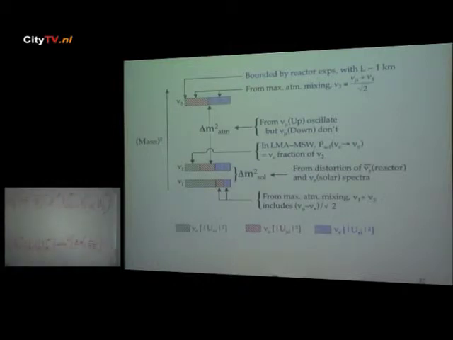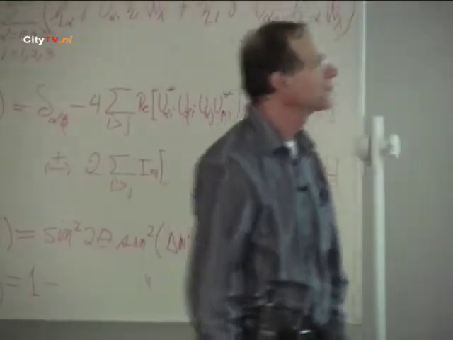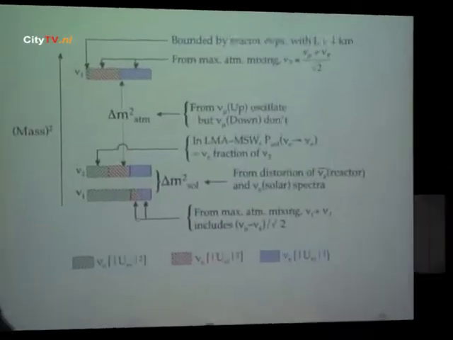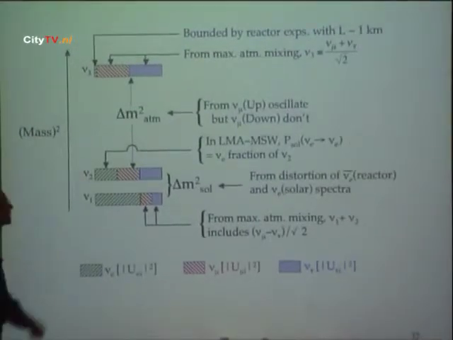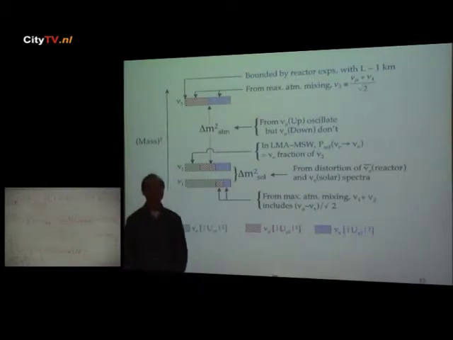Plugging that into this formula bounds this delta m squared from above and from below. And of course, the experiments do much better than that. And that's how this gets the value that it gets, which I quoted before. It's about 2.4 times 10 to the minus 3 electron volts squared.